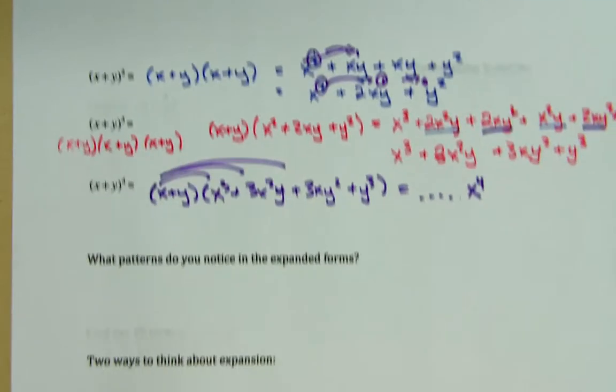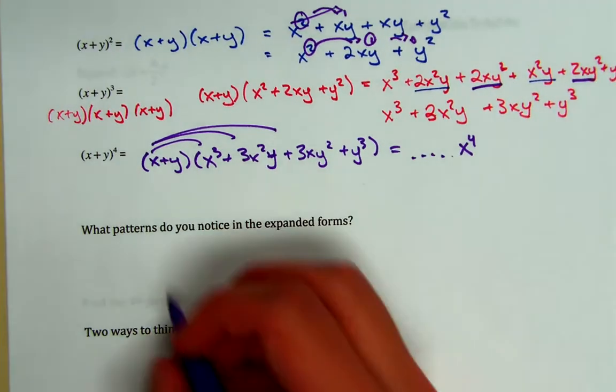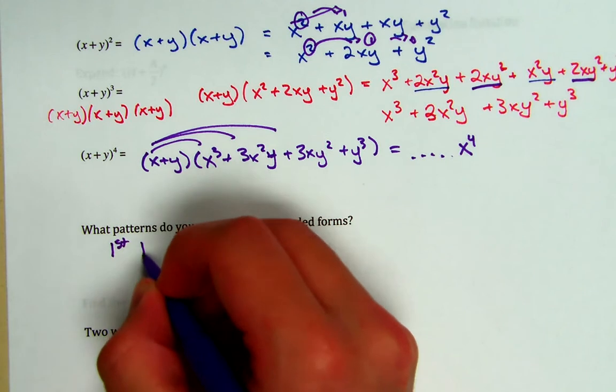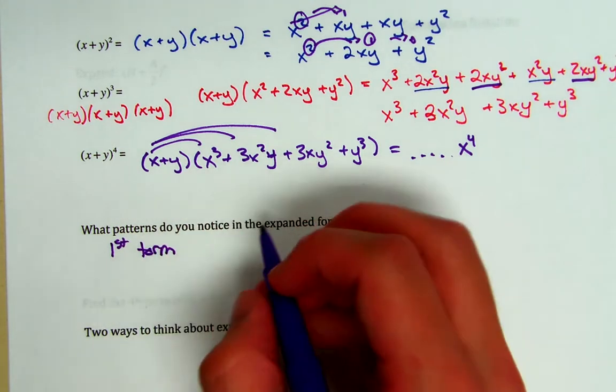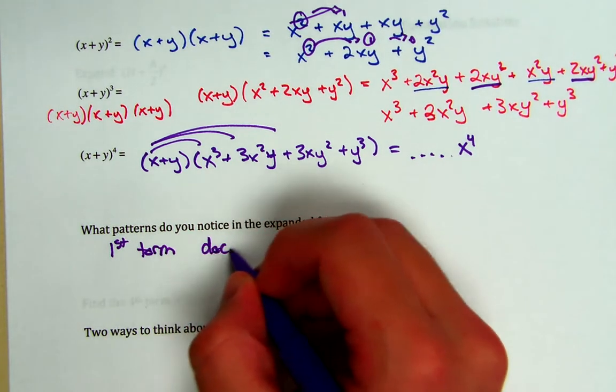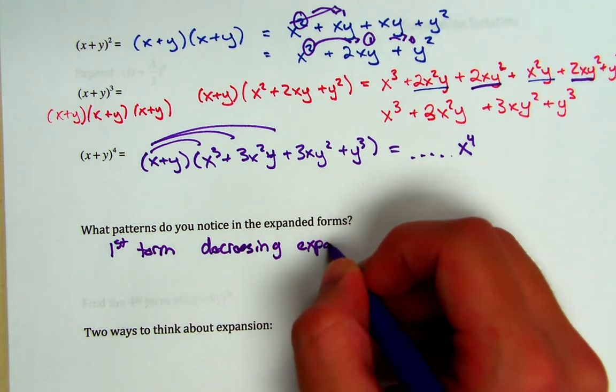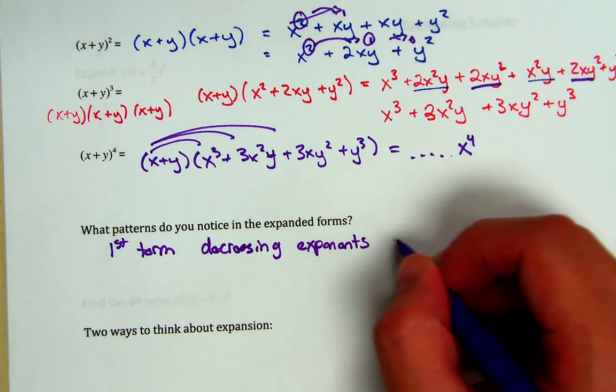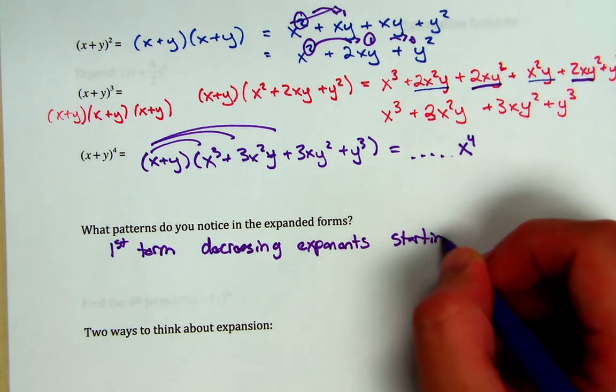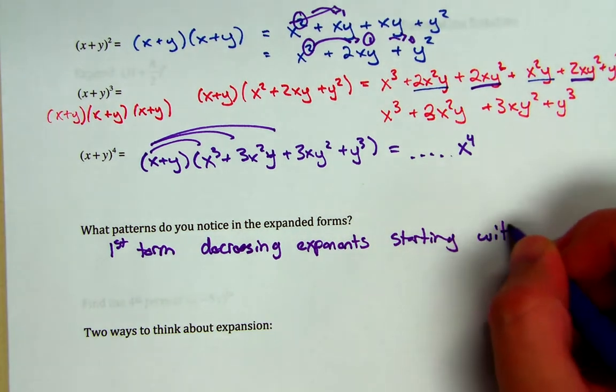So first term has decreasing exponents, starting with the power.